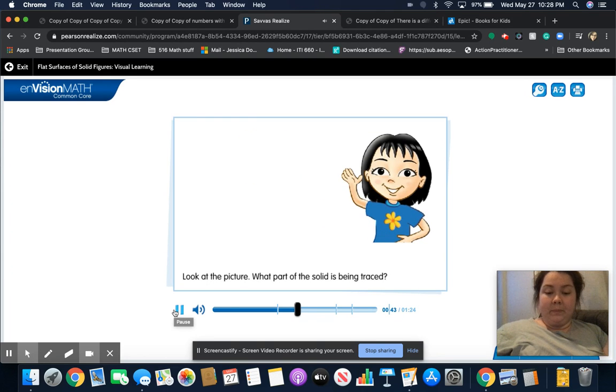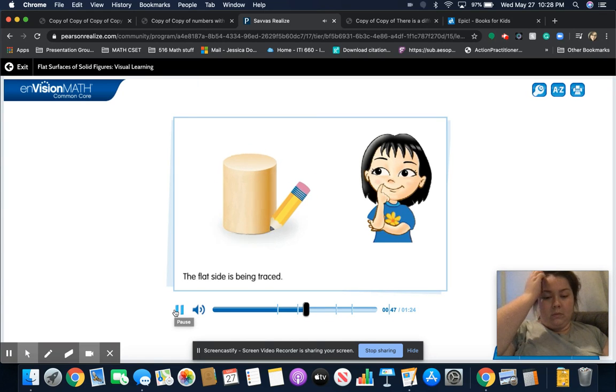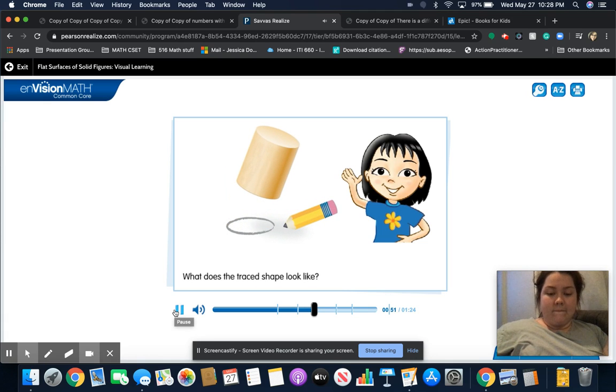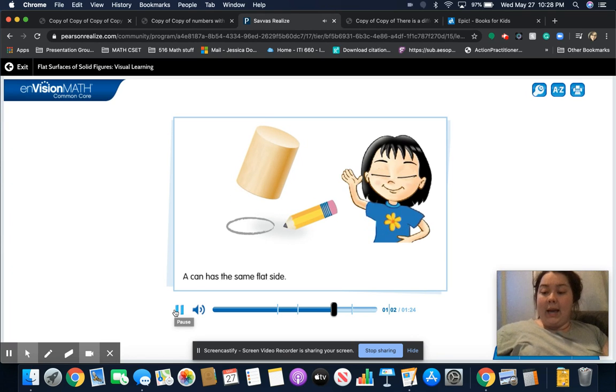Look at the picture. What part of the solid is being traced? The flat side is being traced. What does the traced shape look like? It is a circle. Can you name an object that has the same flat side? A can has the same flat side.